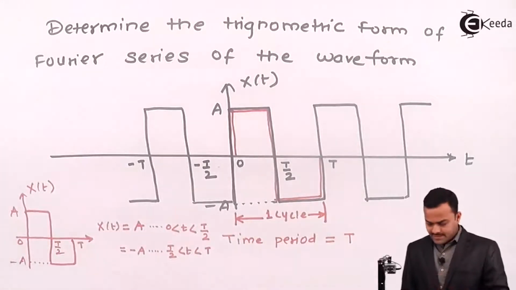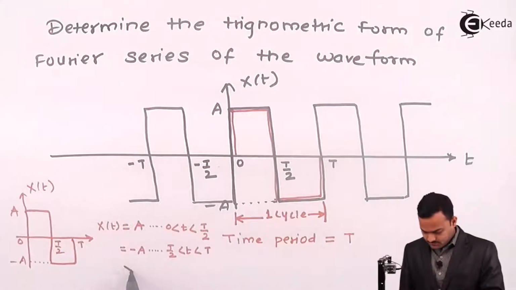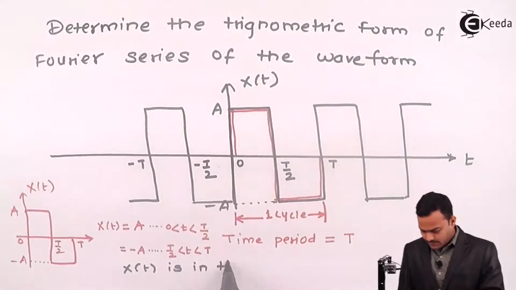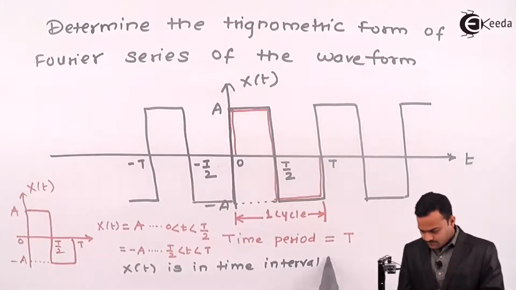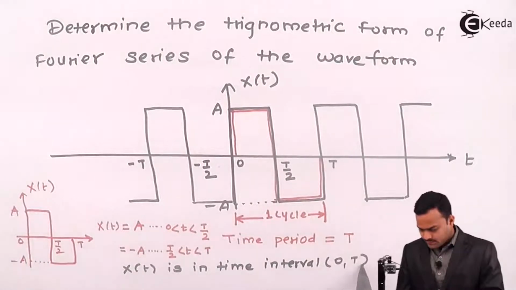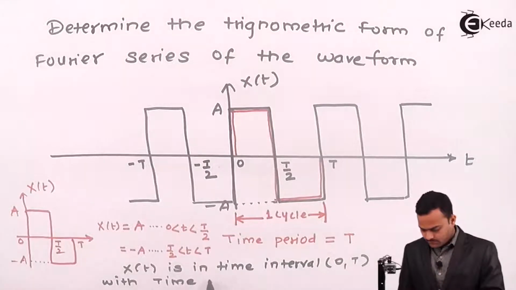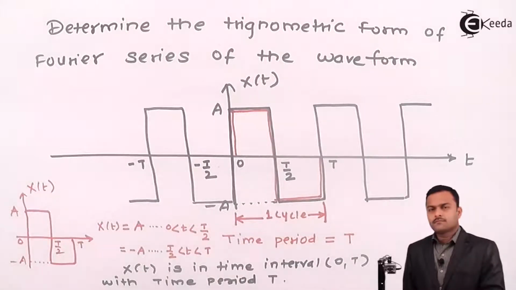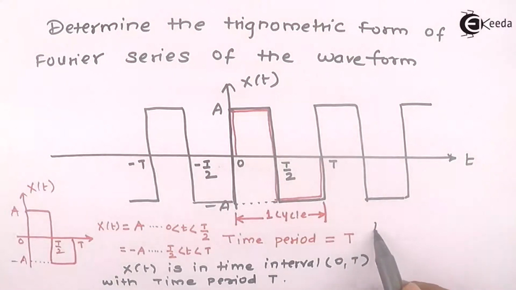So now I can say this x of t is in the time interval from 0 to T, with time period capital T. What is the use of this capital T? Now, in our formula we have an omega.